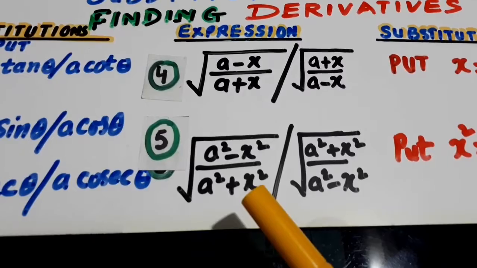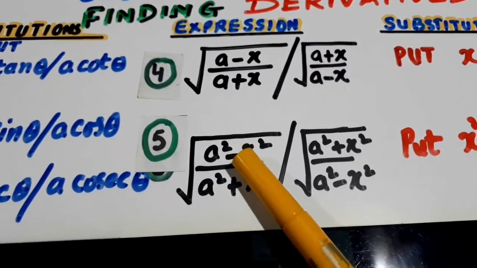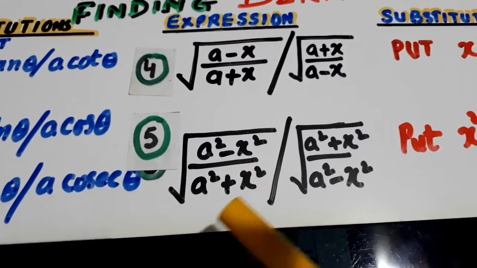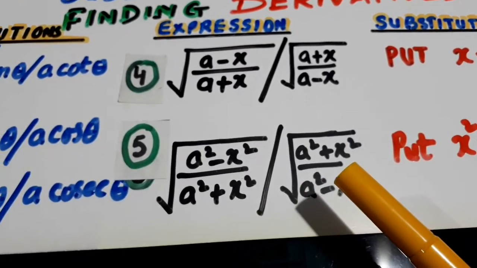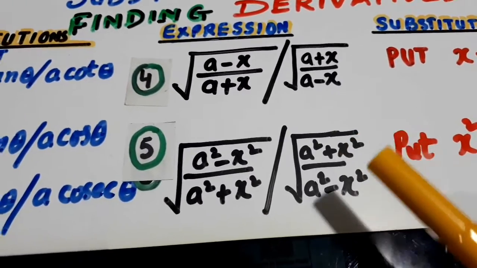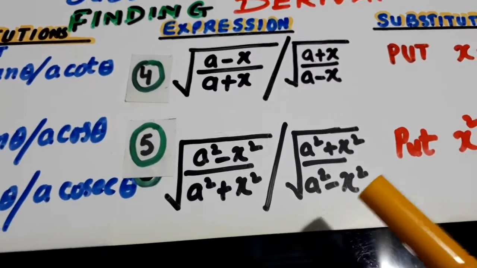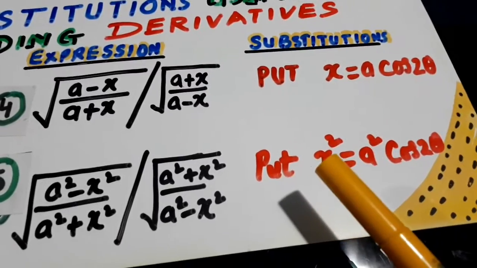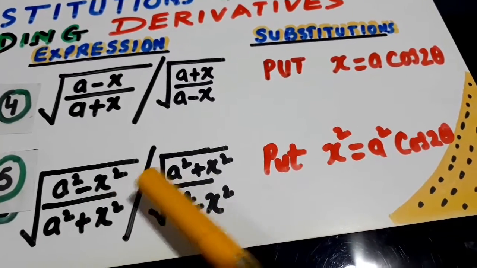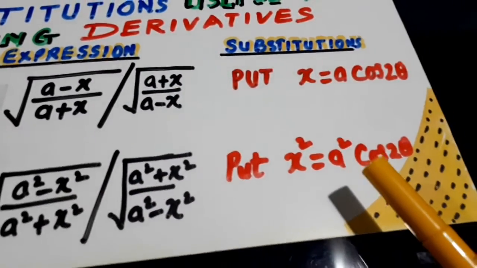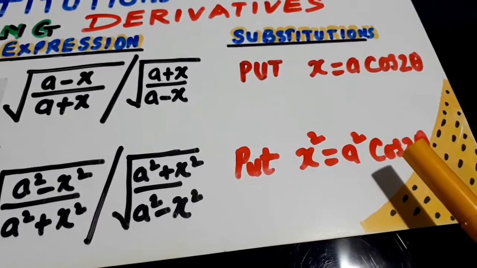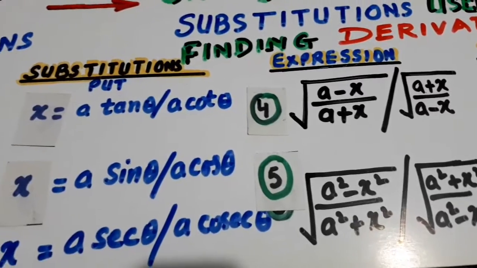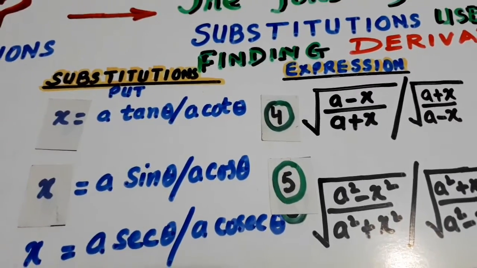If the functions are of the shape a square minus x square over a square plus x square, or otherwise a square plus x square over a square minus x square within the square root, then you put x square, because there are x squares here, as a square cos 2 theta. So these substitutions will make things very easy for you.